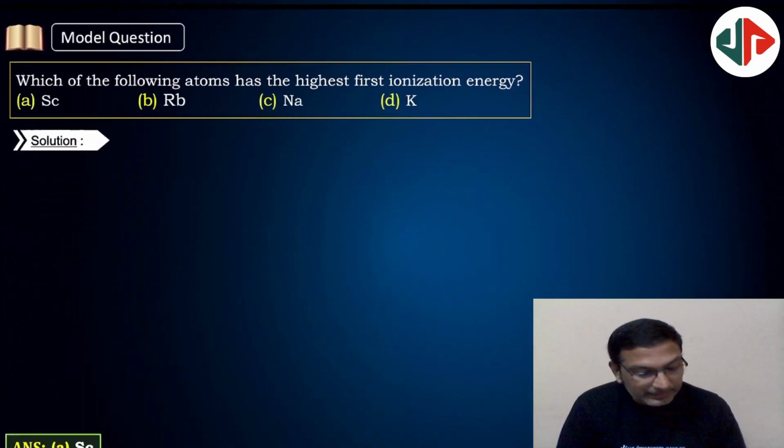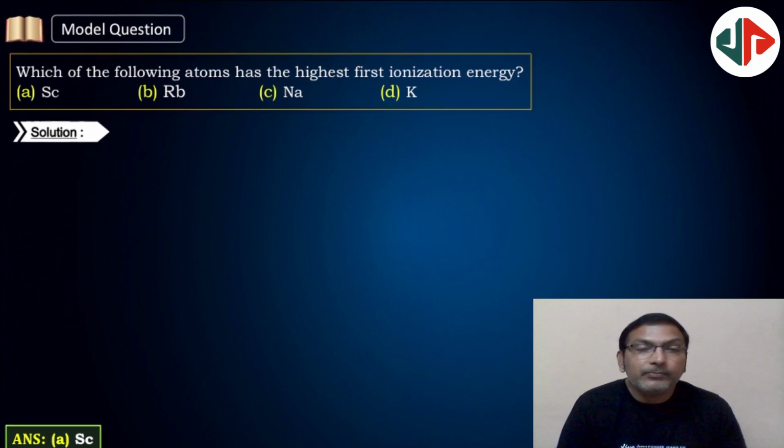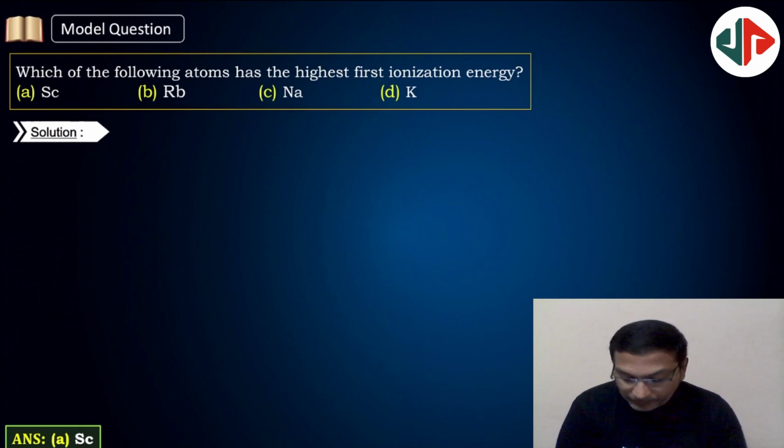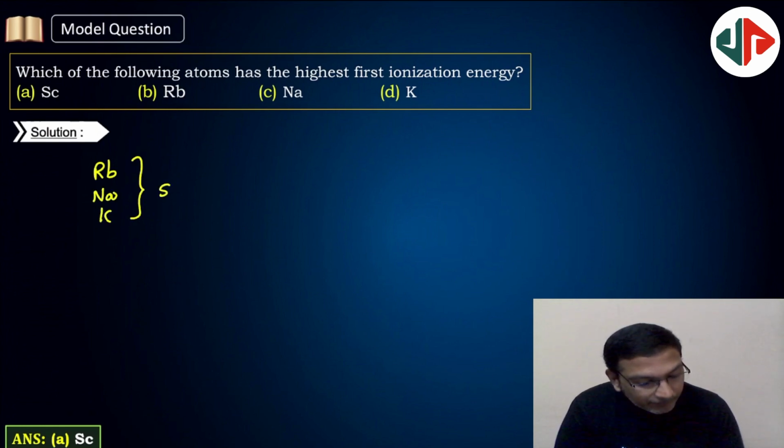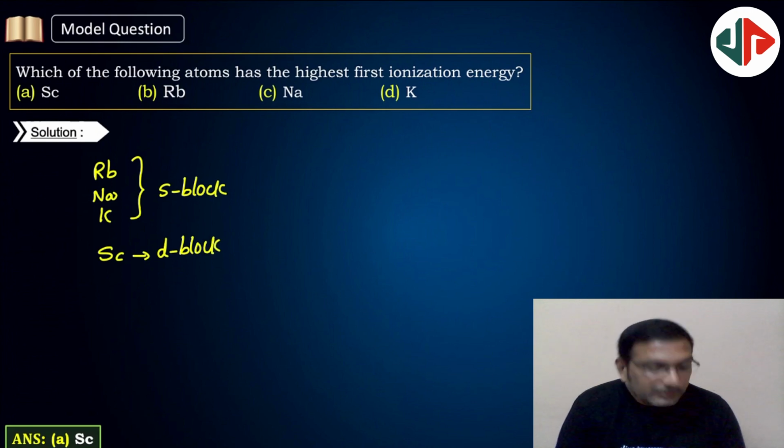Next. Which of the following atoms have the highest first ionization energy? So here rubidium, sodium and potassium are S block and scandium is a D block element. When compared to S block, ionization energy of D block will be high.